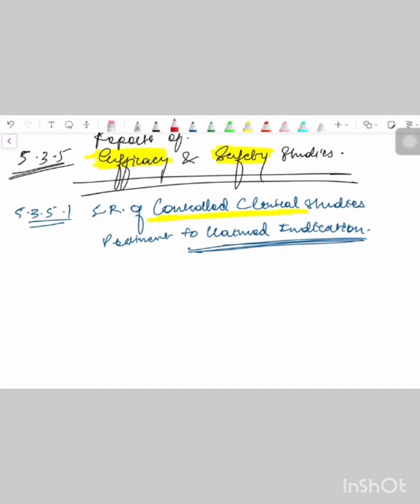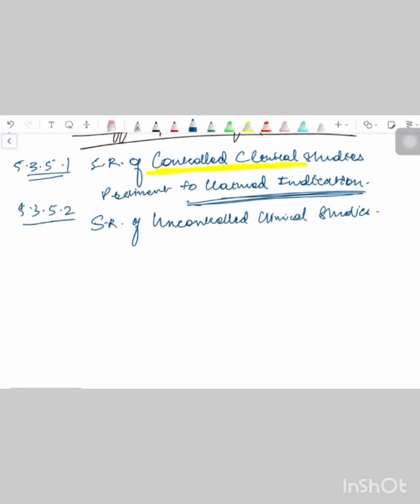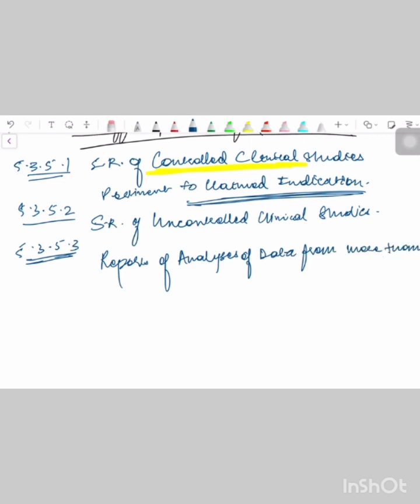So here we are talking about study reports. Next, 5.3.5.2 is study reports of uncontrolled clinical studies, and 5.3.5.3 is reports of analysis of data from more than one study. 5.3.5.4 is other clinical study.